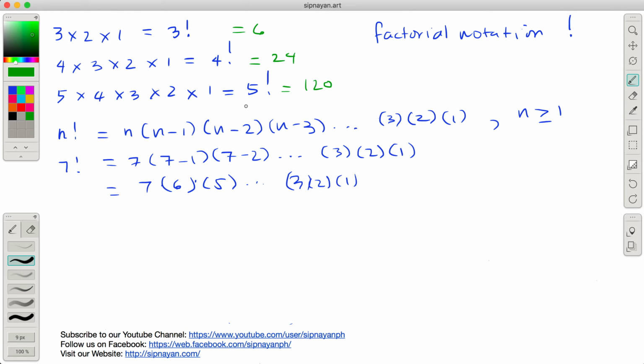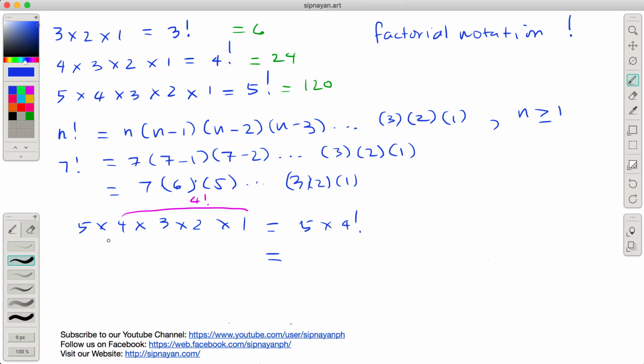So, kung mapapansin nyo, yung 5 times 4 times 3 times 2 times 1, pwede natin siyang isulat as, di ba itong 5 times, itong 4 times 3 times 2 times 1, di ba ito ay 4 factorial? So, ibig sabihin, pwede rin natin itong isulat as 5 times 4 factorial.